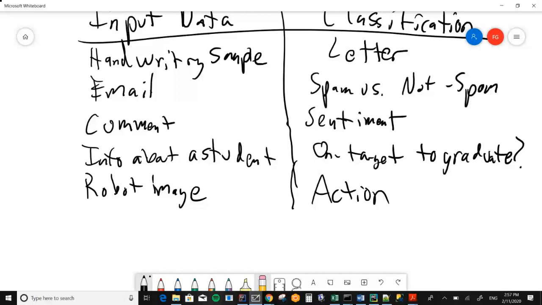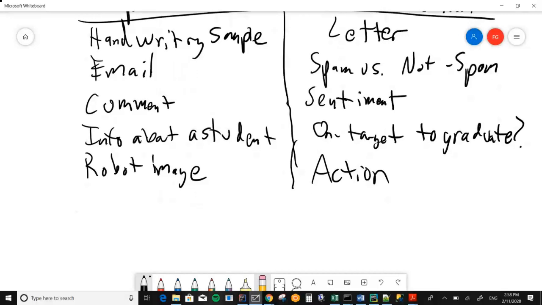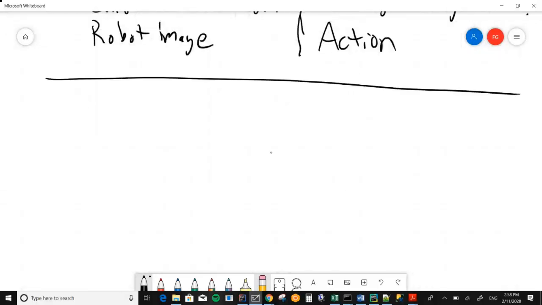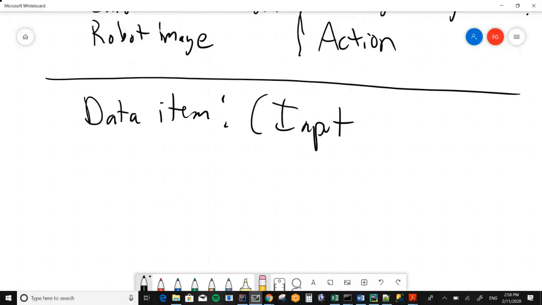So looking at stuff like this, we can see that the requirements for using supervised learning are pretty minimal, not non-existent exactly, but reasonably minimal. So here's what I mean. What we need to have is a data set where for each data item, we have some kind of input which is representable as a data structure.